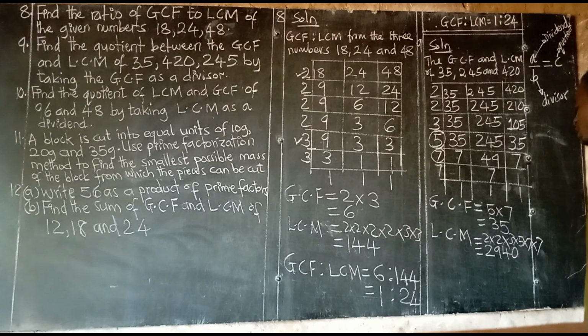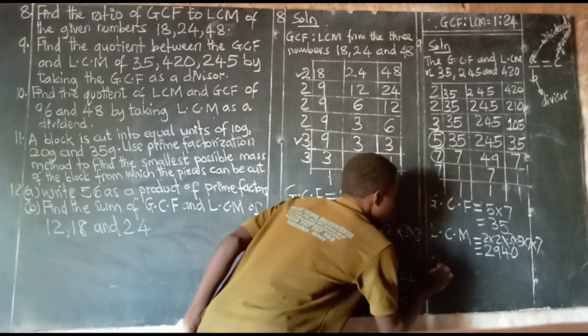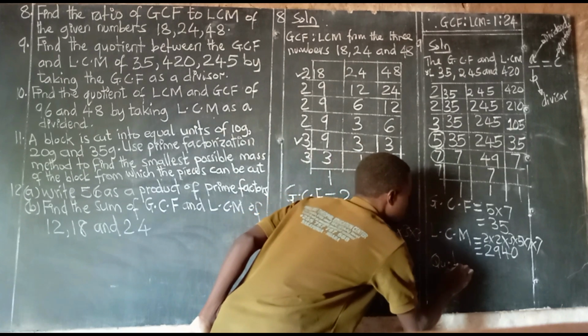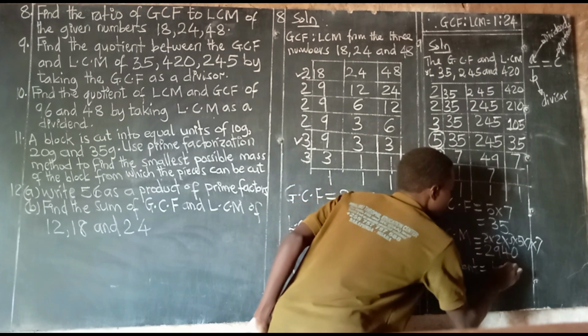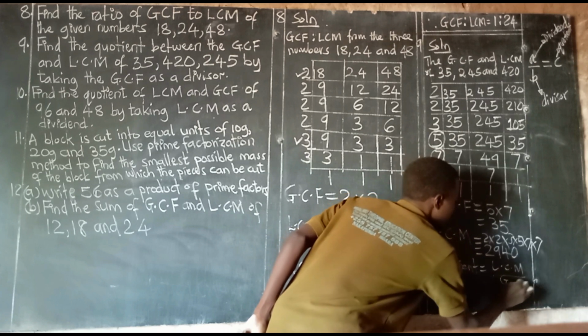So our quotient will be equal to LCM over GCF.